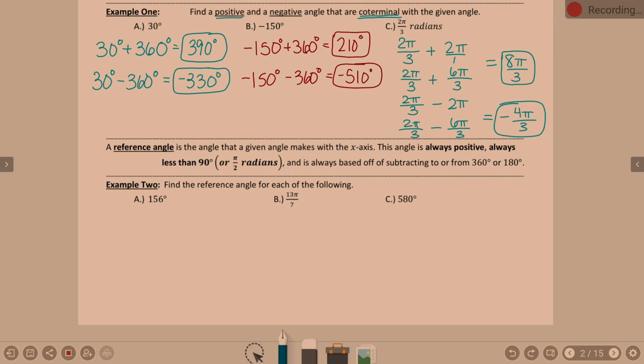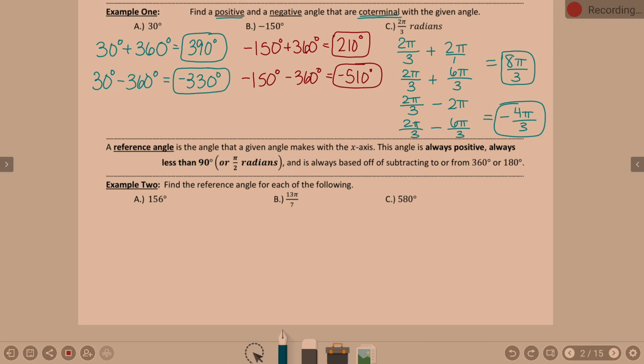Now, one vocab was coterminal angles. My next vocab is reference angles. Okay? A reference angle is the angle that a given angle makes with the x-axis. So how far is an angle from the x-axis?